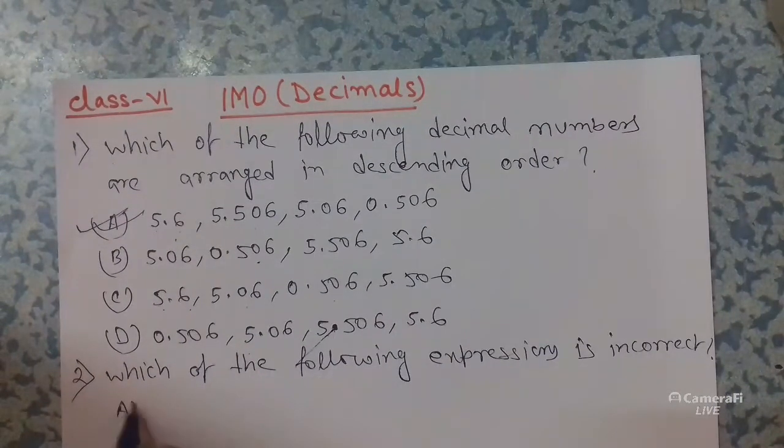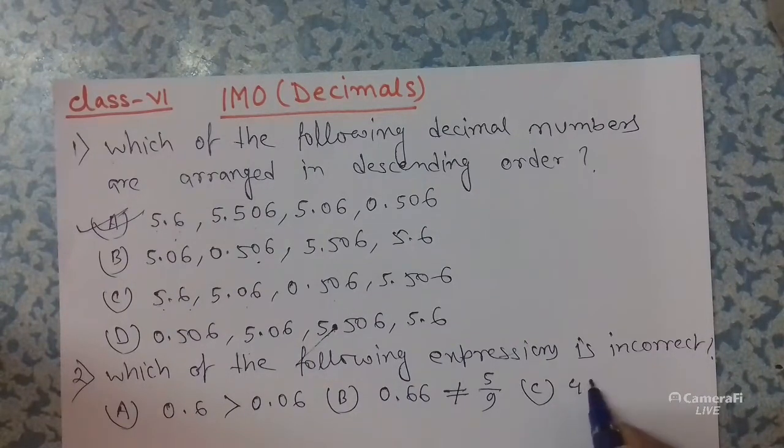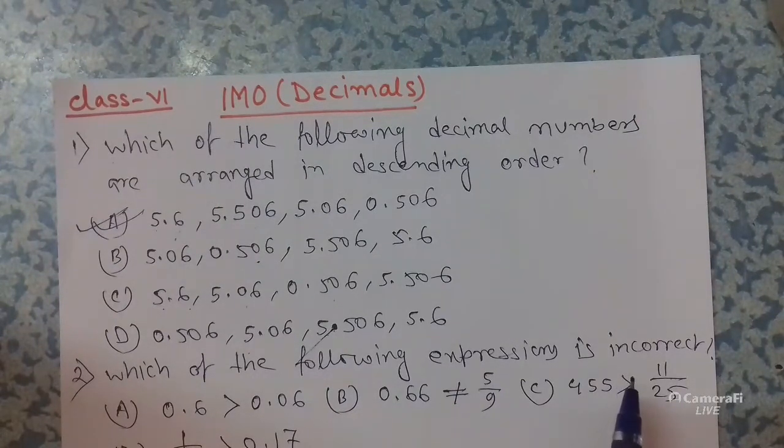The options are: 0.6 greater than 0.06, 0.66 not equals to 5/9, 4/5 greater than 11/25, and option D, 1/6 greater than 0.17. Now which of the following expressions is incorrect?